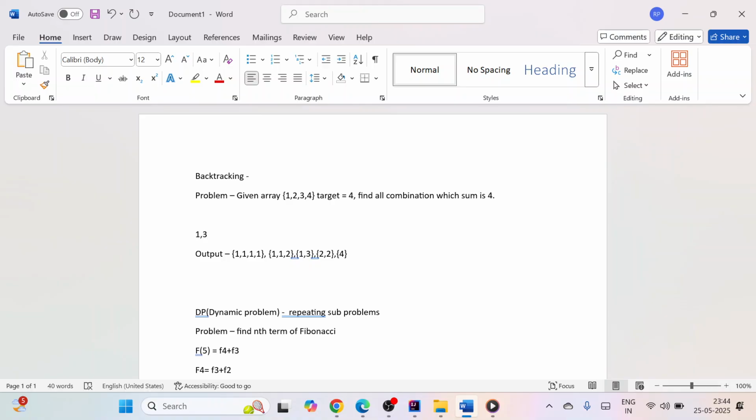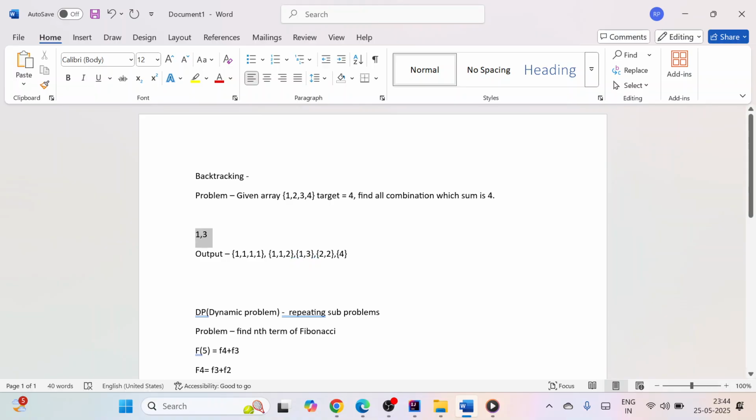That's also, if you add these two numbers, a sum of 4. So whenever you have to go back and find out permutations and combinations, wherever you need to go back, this is my first solution, but again I have to go back and see all the solutions. At that time you have to use backtracking.